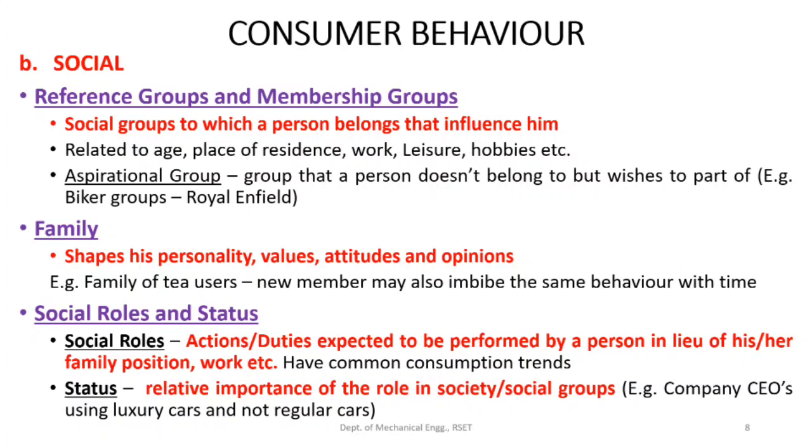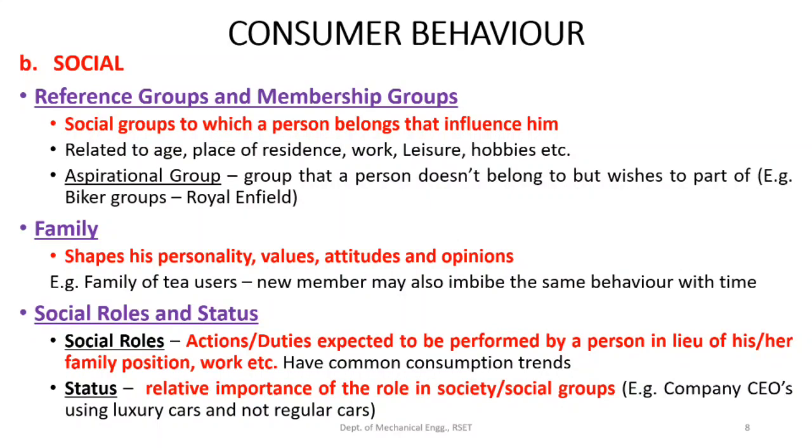Even though he might currently prefer coffee to tea, due to his or her constant interaction with a group of people who are frequent or regular users of tea, he might imbibe the same characteristic. Such is the influence of family upon consumer behavior.